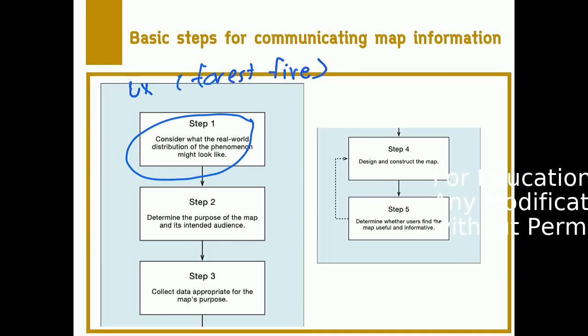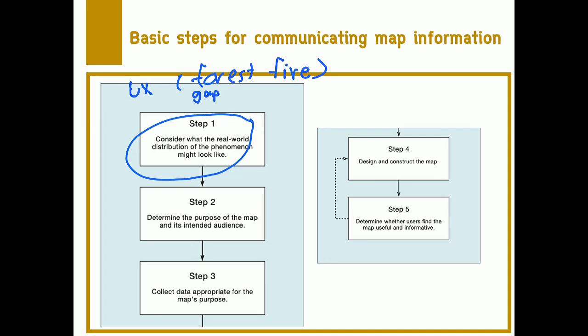Okay. Now, if we heard about the news for the forest fire, the problem or the gap is that there is a burn area and we cannot stop the fire quickly, right? That makes damage inside the forest. So this is the problem or the gap.